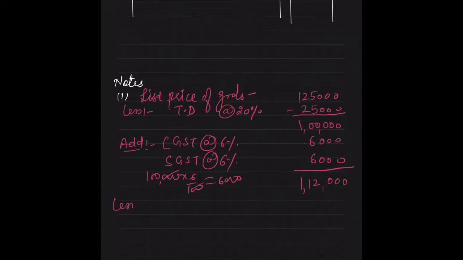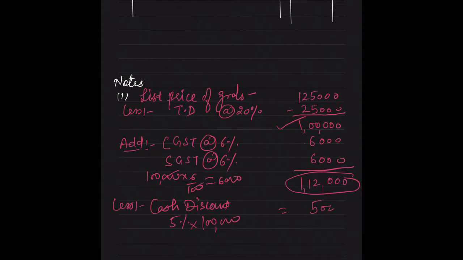Now we deduct the cash discount of 5%, but not on this amount; we deduct the cash discount from 1 lakh.